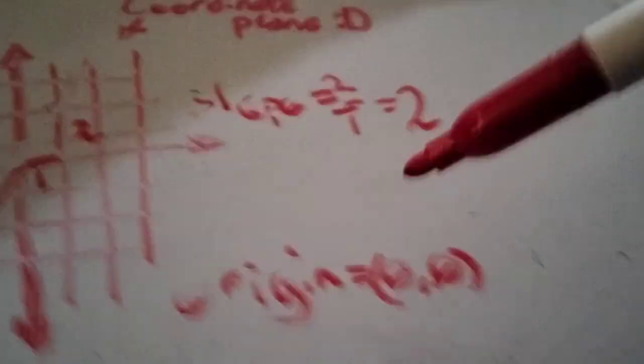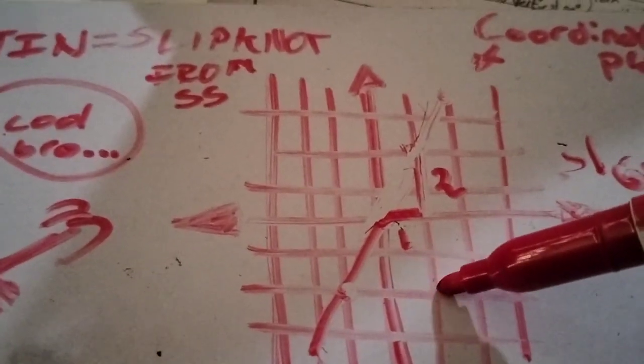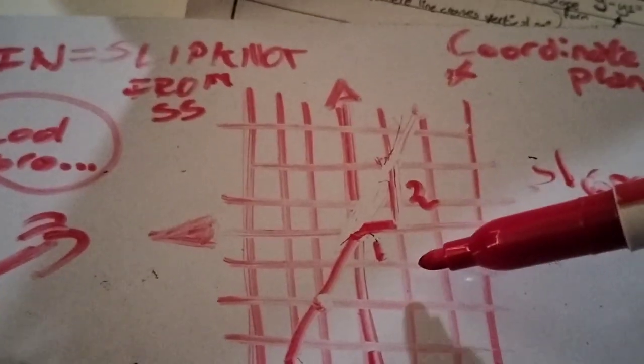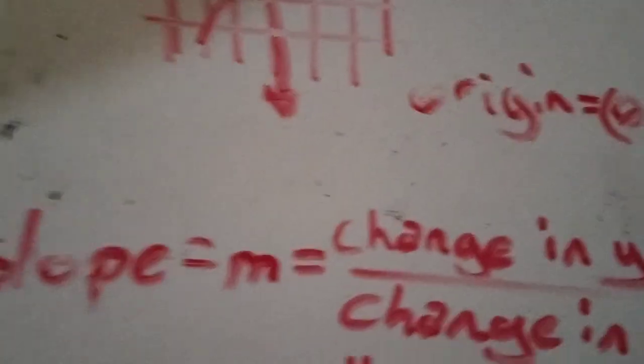Fairly simple. It's the slope. This can also be the same slope if we did it from down here, if we went through these points. So this is going up.